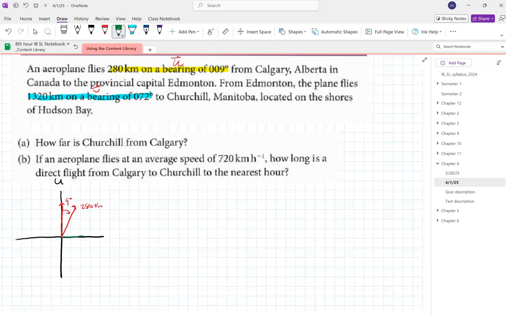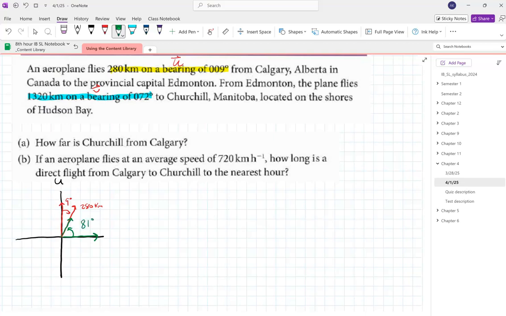What I want to do to start is to translate that from a bearing to a standard position angle. What is the standard position angle that I've drawn in there in green? How much less than 90 degrees? 9 less.